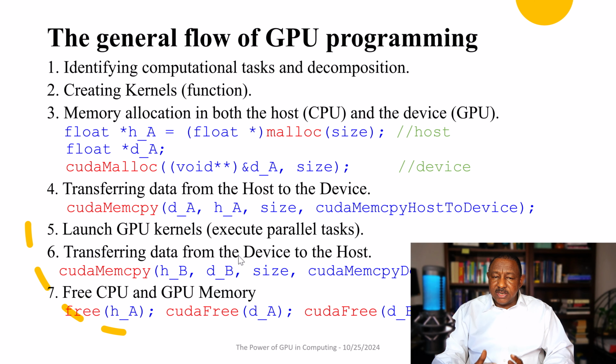So once you create that, then you have your data. Of course, the data first must be in the CPU. You cannot just put your data directly to the GPU. No, first it must be in the CPU, and if you need to allocate an area in the memory, then you can use the C function malloc, memory allocation, to allocate the area.